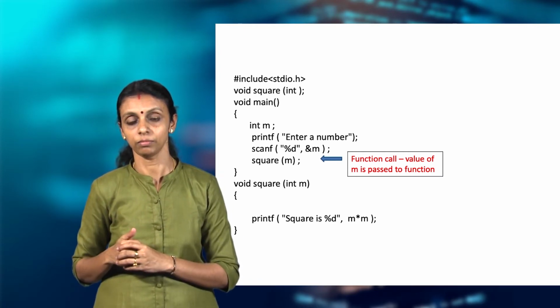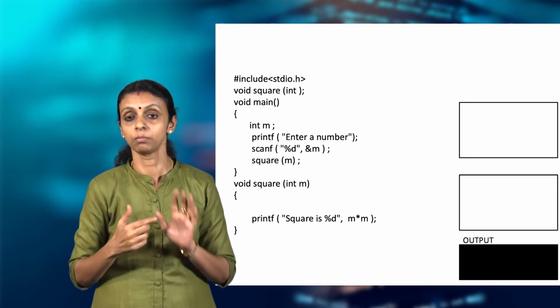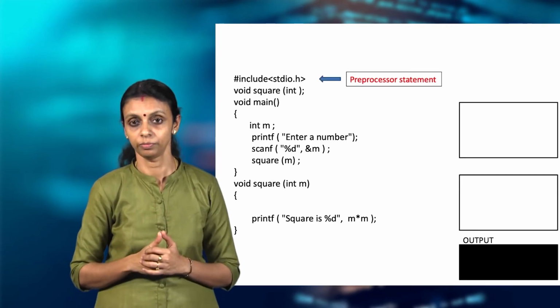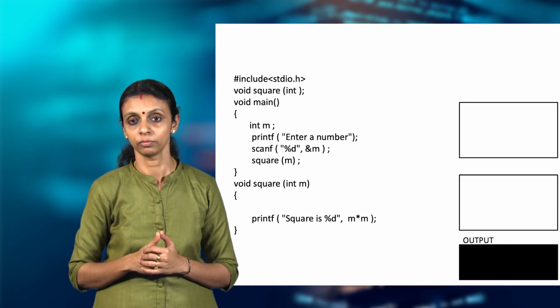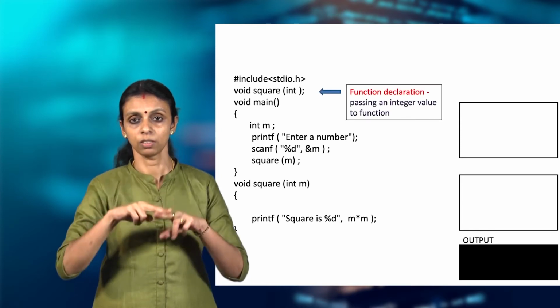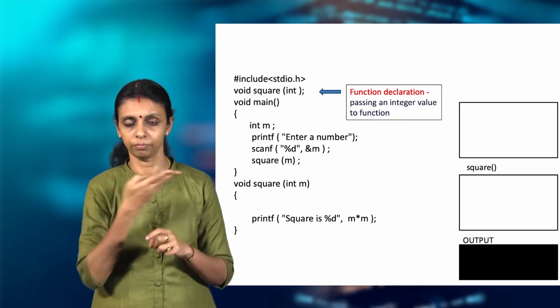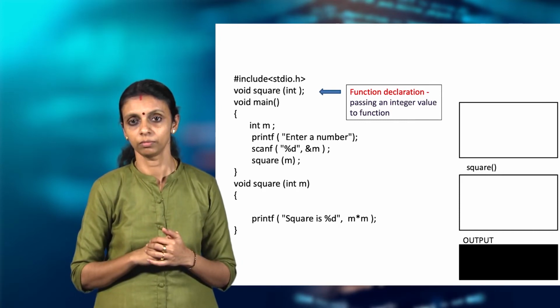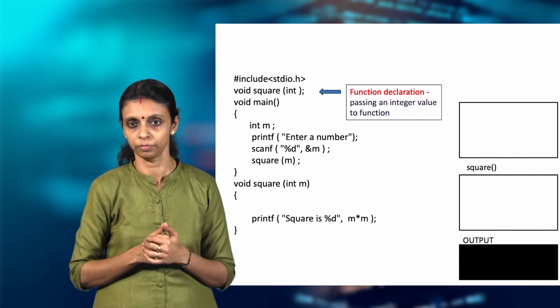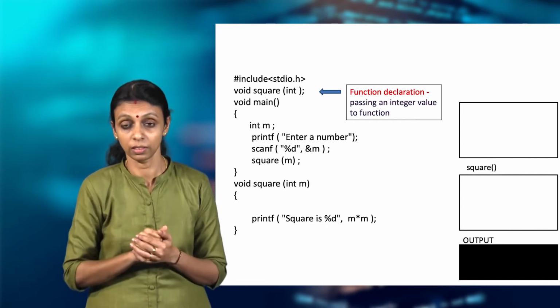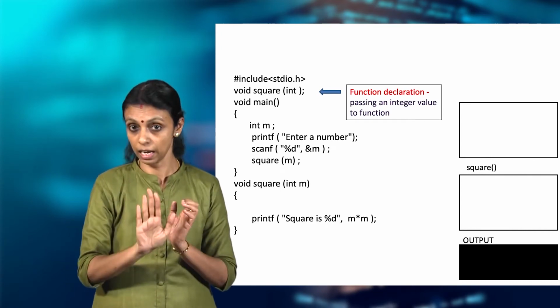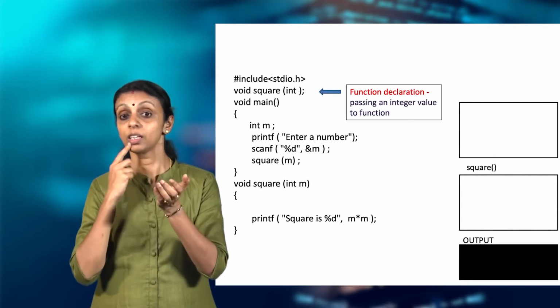Let us see how the program looks now. See the function declaration, void square int. This means that we are using a function which is passing an integer value to the function.